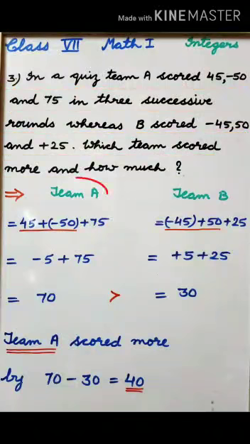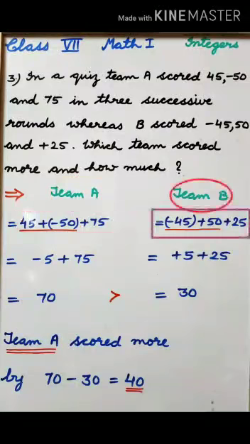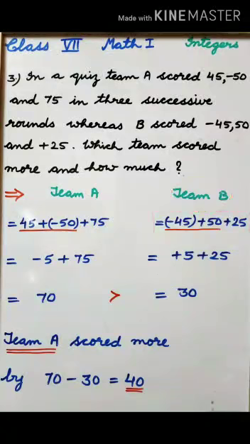If we find the total score of team A and team B, for team A we get 45 plus minus 50 plus 75 is equal to 70. And for team B we get minus 45 plus 50 plus 25 is equal to 30. It's clear that team A got more points than team B. So the answer is team A scored more, and it got 70 minus 30 is equal to 40 points more than team B.